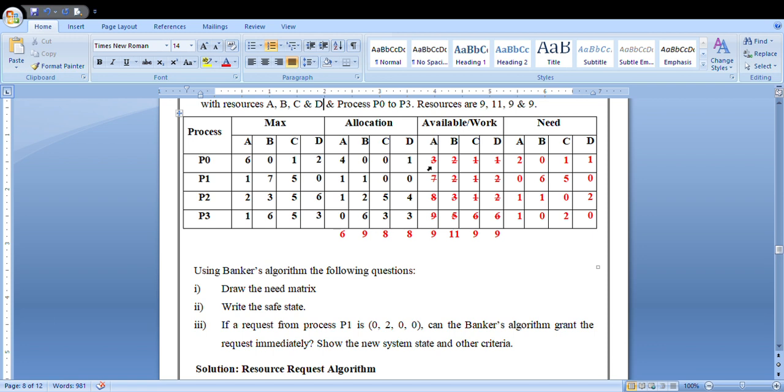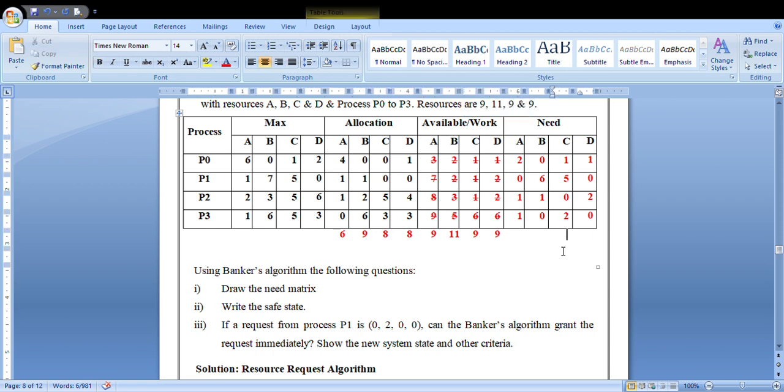And one more point, as I specified in your previous problem, the final available value should always be equal to the total resource value they have given.